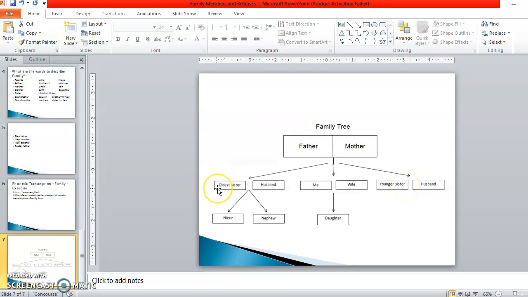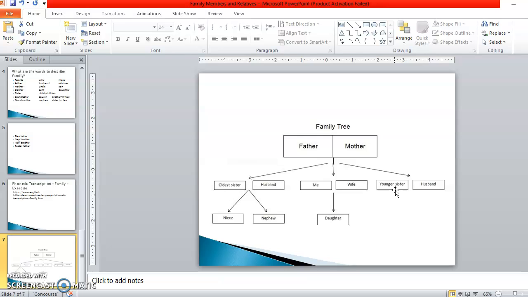My older sister is a teacher. She is teaching history in senior high school, while my younger sister is an English teacher teaching in junior high school in my hometown. Okay, that's about my family tree. Thank you very much for your kind attention. Wassalamualaikum warahmatullahi wabarakatuh.